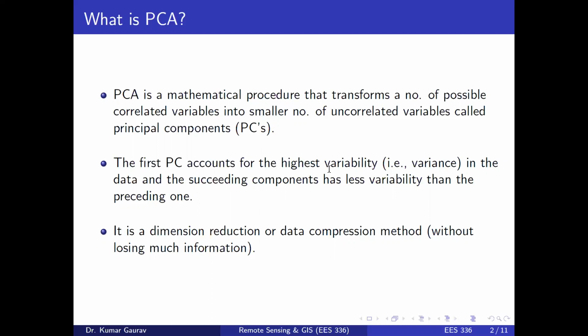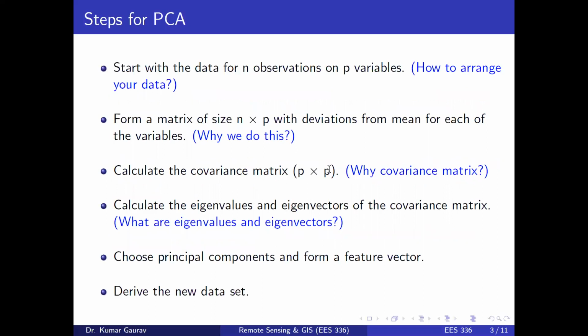So let us go to the steps to implement PCA. As we can see, there are 6 steps. These are the very basic steps that we need to go through to properly understand PCA. What will be our objective? We will go through each point in detail and try to understand the steps, and we will implement PCA using this conventional procedure.